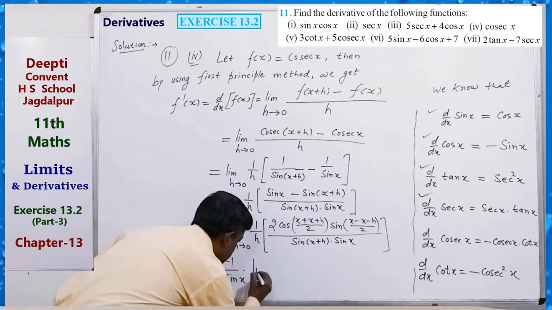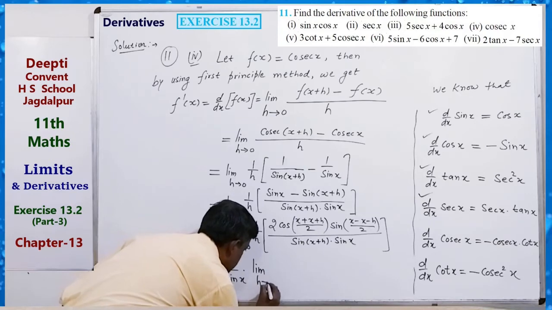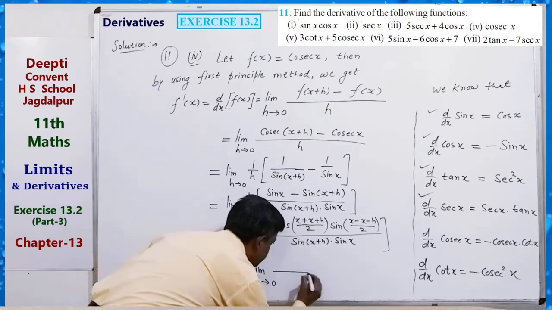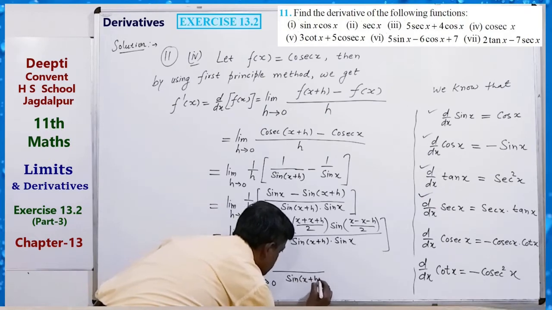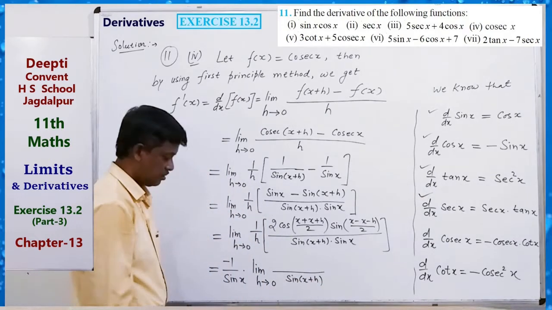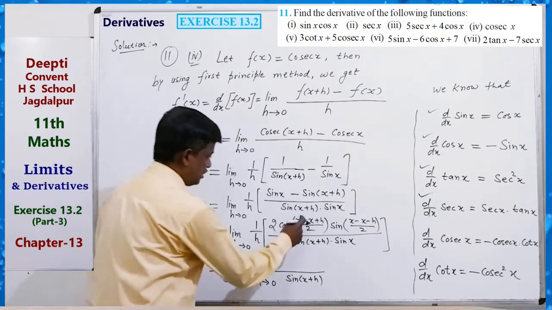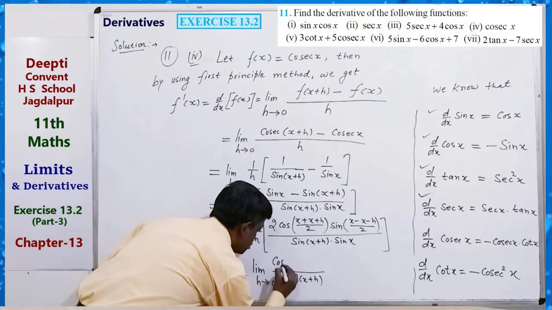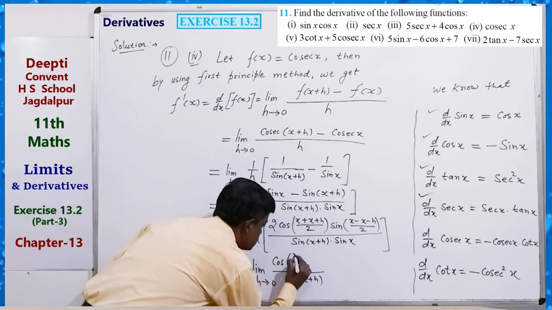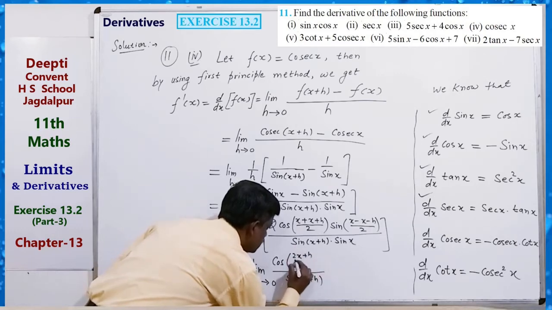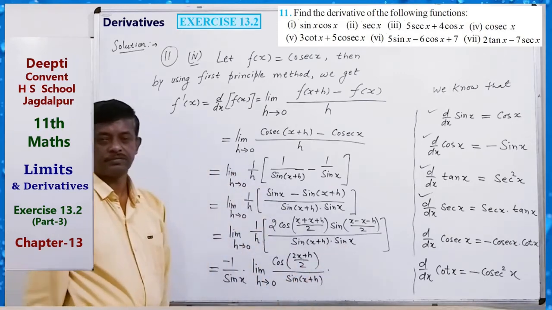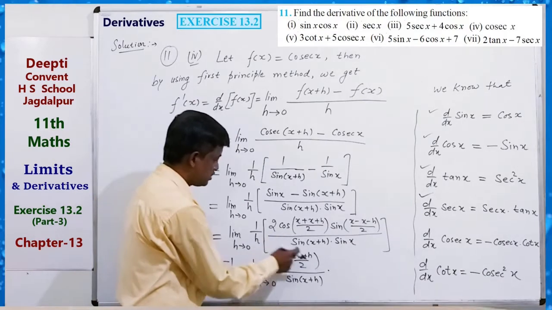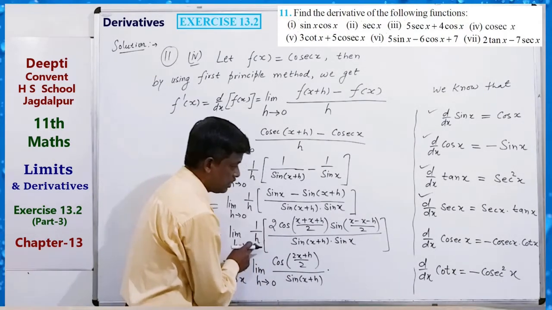So limit h tending to 0, sin x plus h is here, and sin x is here, and here cos of 2x plus h by 2, this by this, and this 2 with h.